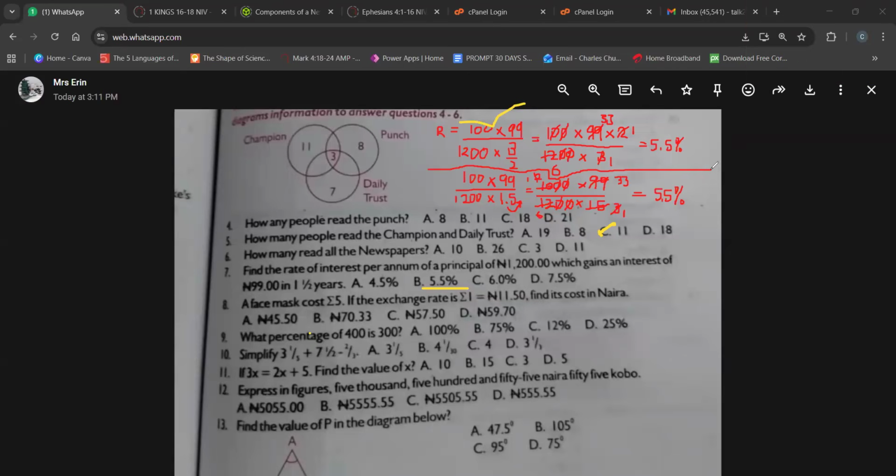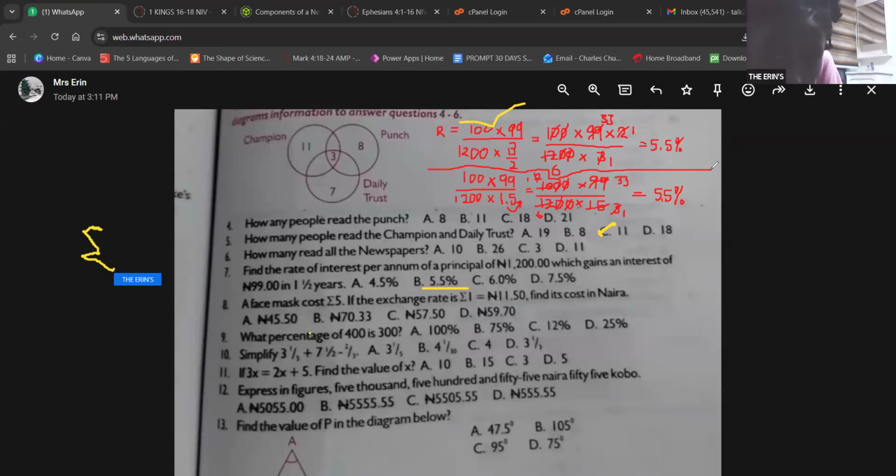A face mask costs, I want to believe, £5. If the exchange rate is £1 to whatever currency. No, you said the face mask costs. So what will we do in that question 8?